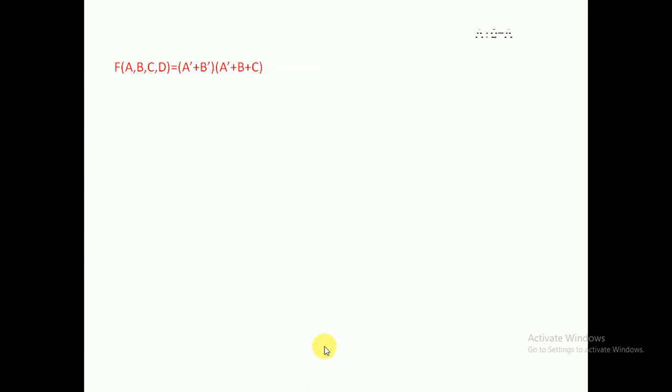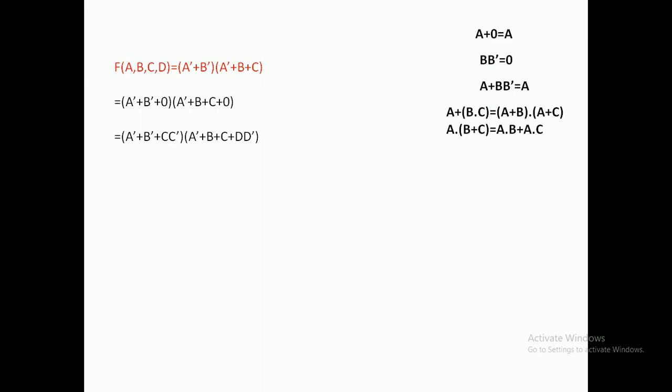Next example. Here also you must remember, because there are 2 terms. The first term is missing 2 variables, and the second one is missing only 1. In the first term you must fill in the corresponding variables one by one.